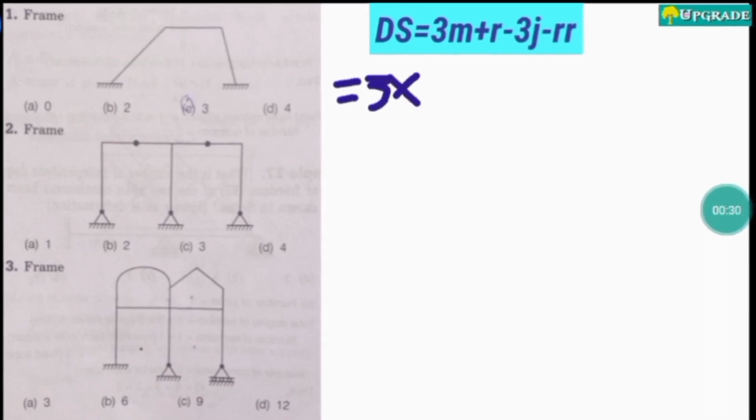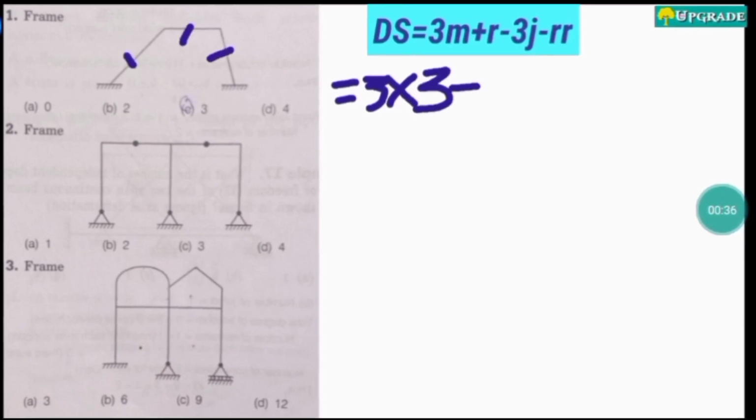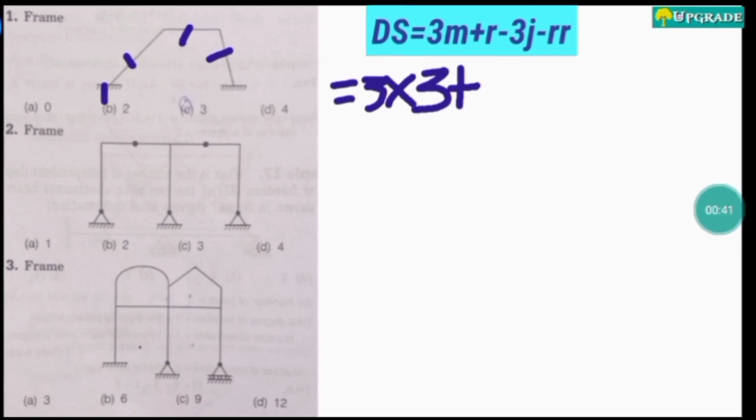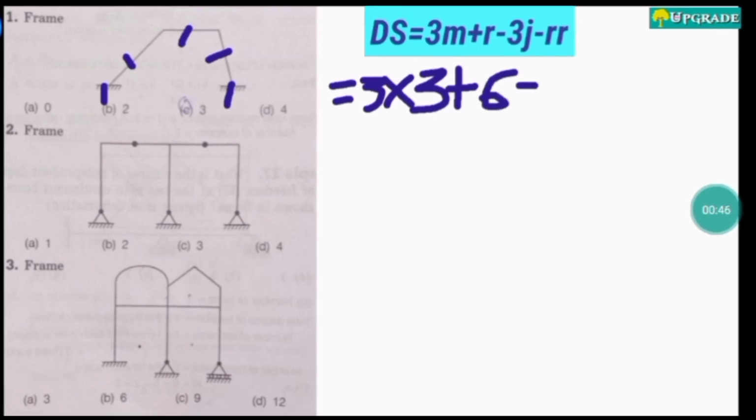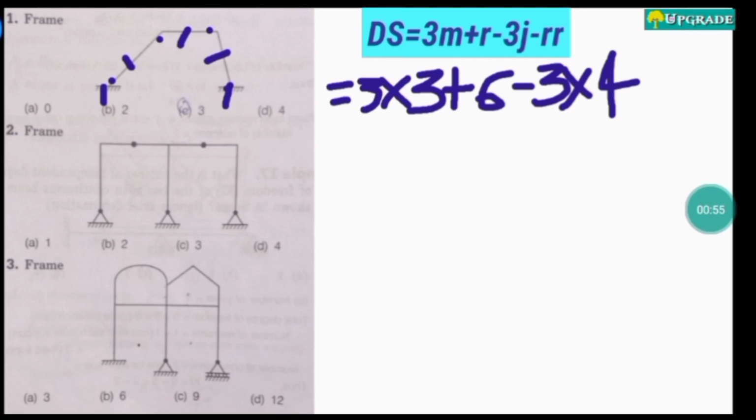3 as it is, and m is the number of members. We have 1, 2 and 3 members. Plus the support reactions: this is a fixed support, 3 reactions, and this is also fixed, so total 6 reactions. Minus 3 into j, where j is the number of joints: 1, 2, 3, 4, total 4 joints, and released reactions 0.